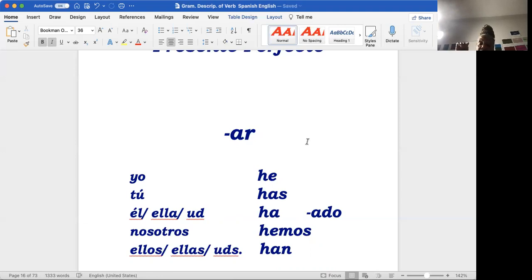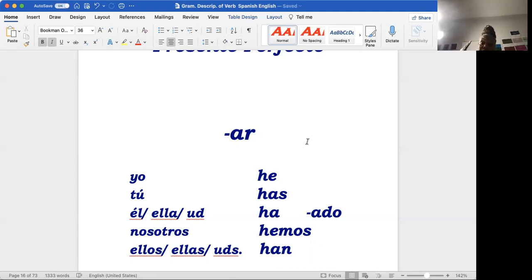And then you do the past participle of the main verb, whatever the main verb is, as long as it ends in AR, because we're doing AR. So he hablado, he caminado, has caminado, ha... Can't think of any more AR verbs.